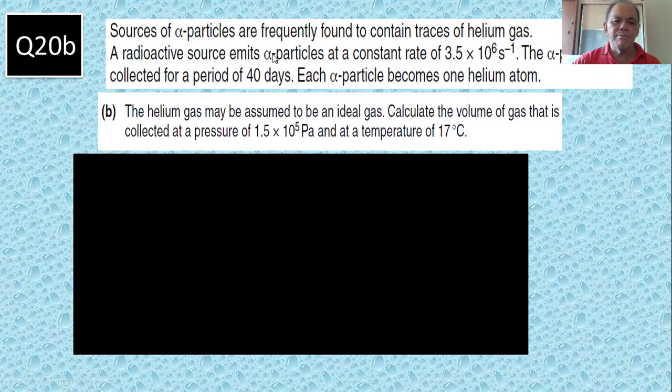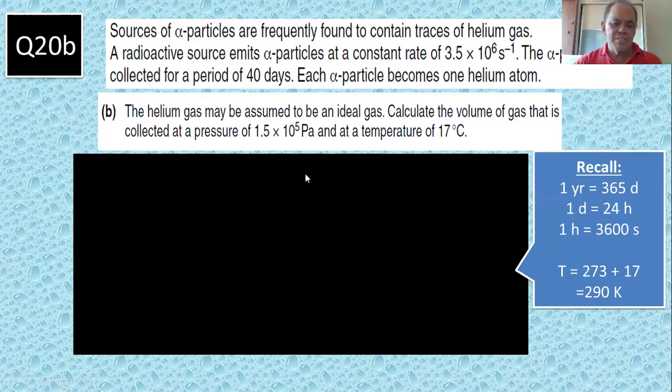Okay, you probably have to start remembering to change that to seconds. So recall 1 year is 365 days, 1 day is 24 hours, 1 hour is 3,600 seconds. Then remember to convert the temperature to Kelvin: 273 plus 17 is 290. And go to your formula.